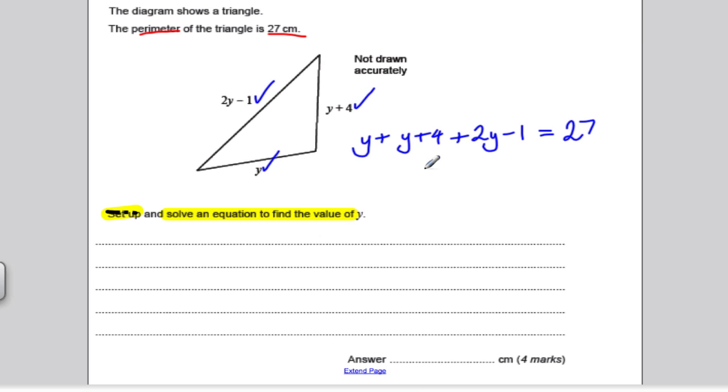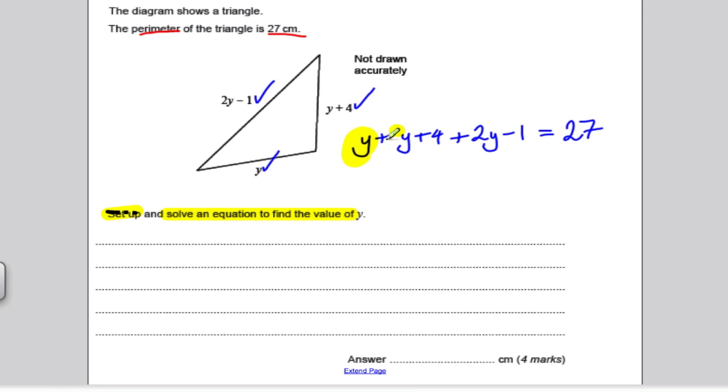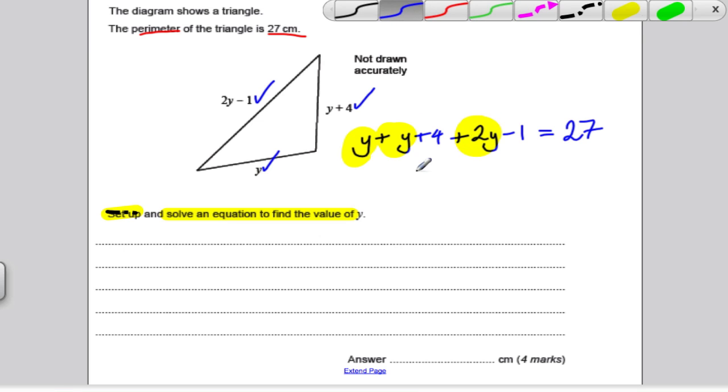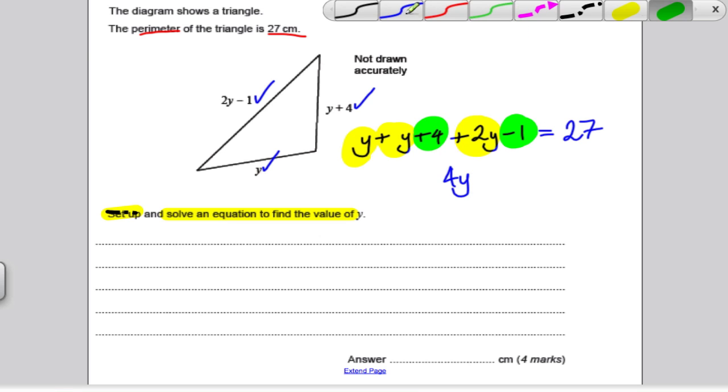Write that first line. Don't try and do it in your head. You may make a mistake and you'll get a mark for writing this. Do not jump steps and try and collect in one go. Now collect. Okay, you've got 1y plus another y plus 2y, and that will give you 4y. And then you've got positive 4, subtract 1, which is positive 3.